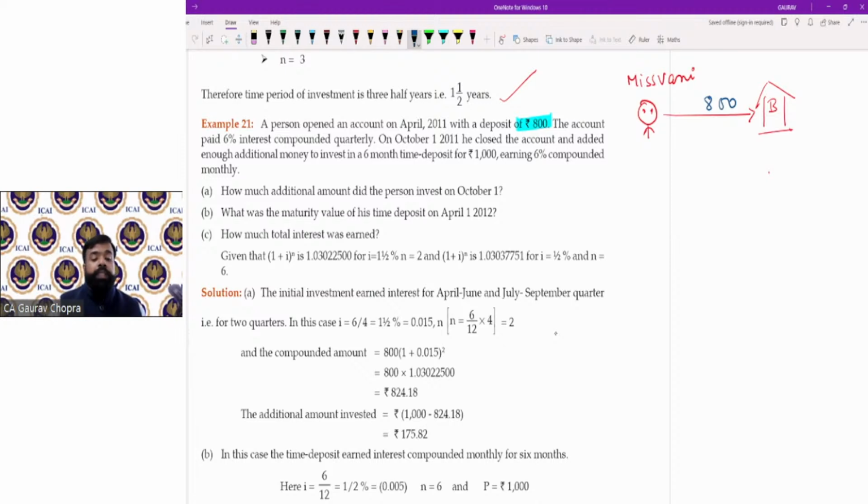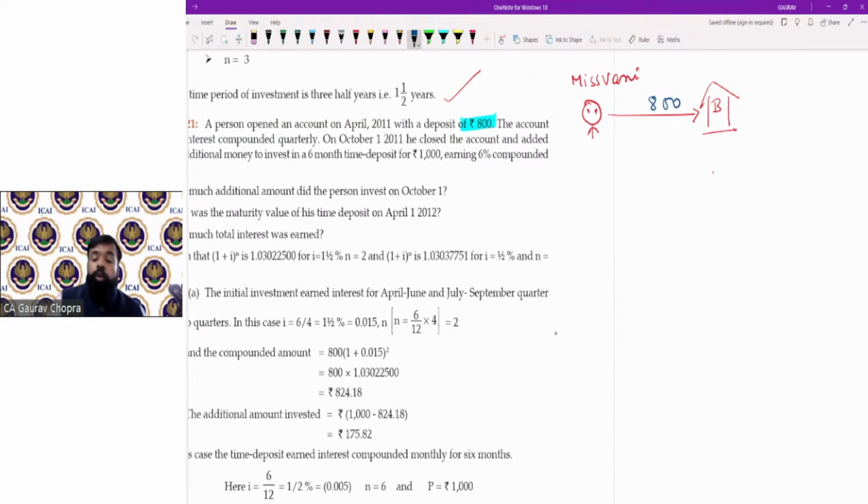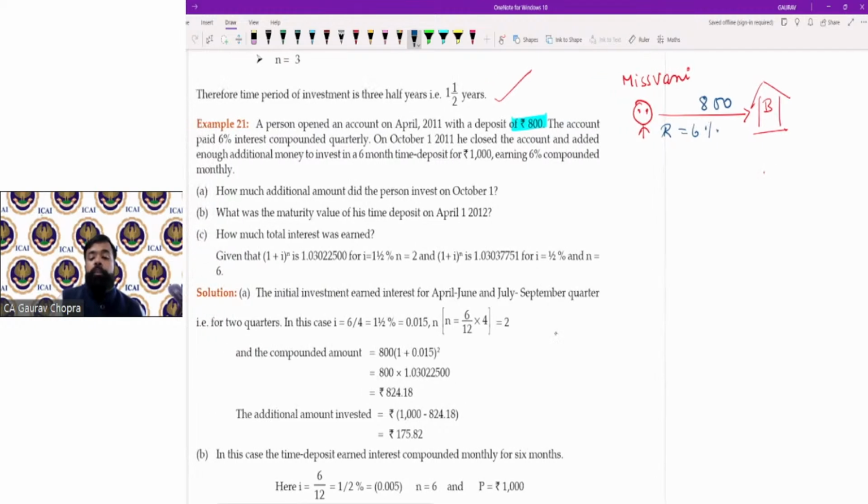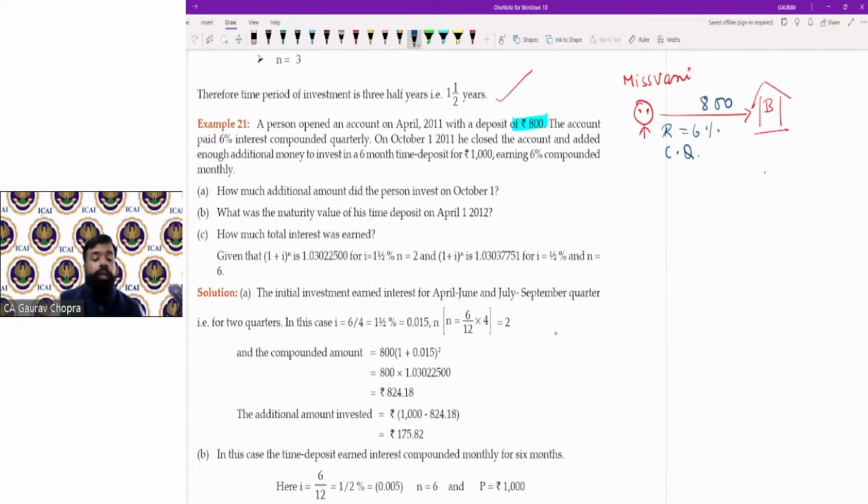The account paid 6% interest compounded quarterly. Now, what is the rule of the bank? The bank is paying interest, so the rate is 6%, but compounding is done on a quarterly basis. Vani deposited on 1st April 2011.